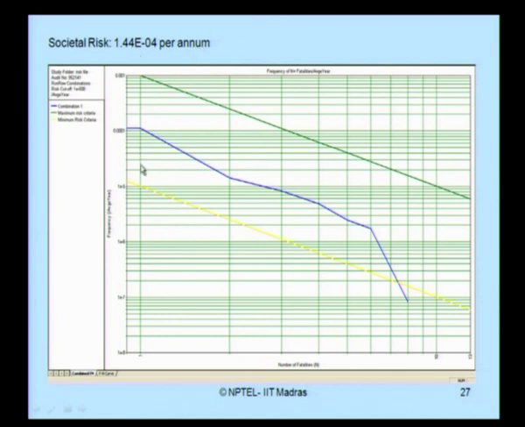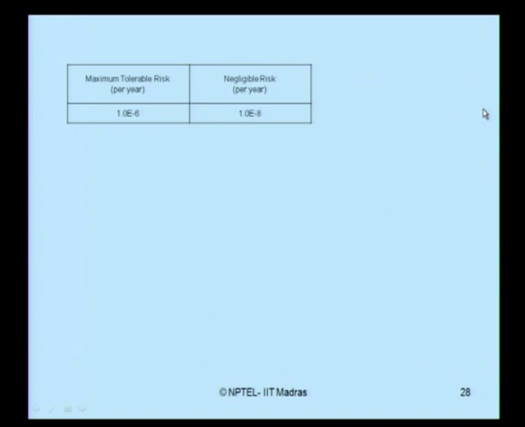The green line you see here is the maximum risk criteria and the minimum risk criteria is given in blue color. What I am getting here is a combination of these two, and my problem is falling somewhere here. Therefore, there is no societal risk except for one rupture which is on the pipeline segment as discussed.